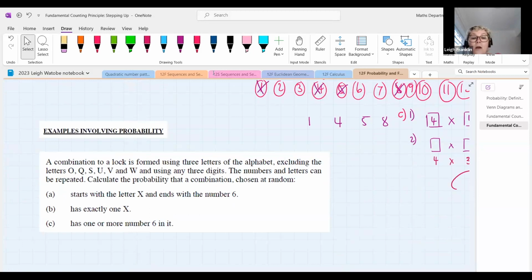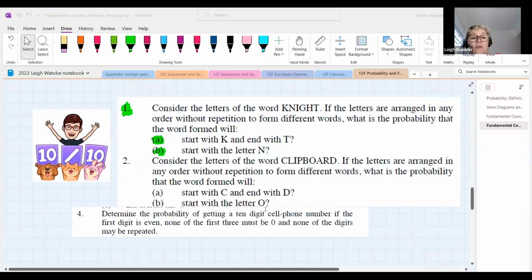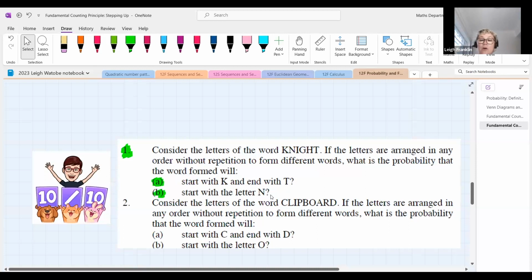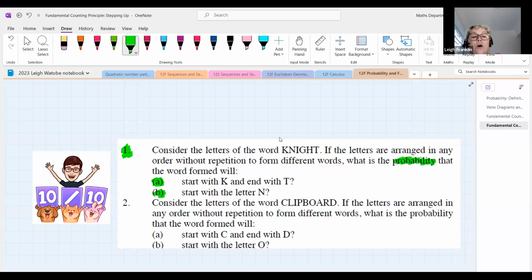Okay. So having a look now at the word night, you're quite right. There are 6 different letters. Now the question says to us, what is the probability that the word formed will start with a K and end with a T?